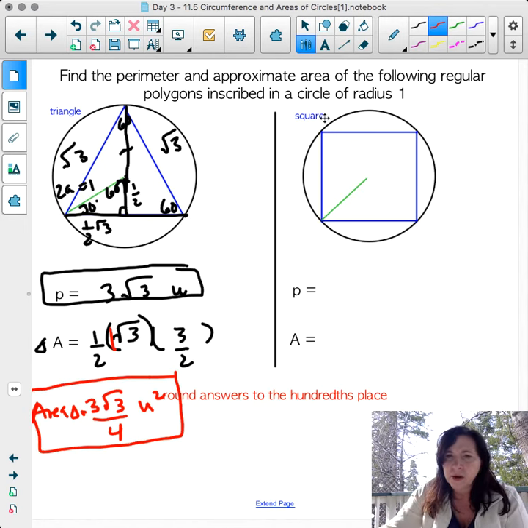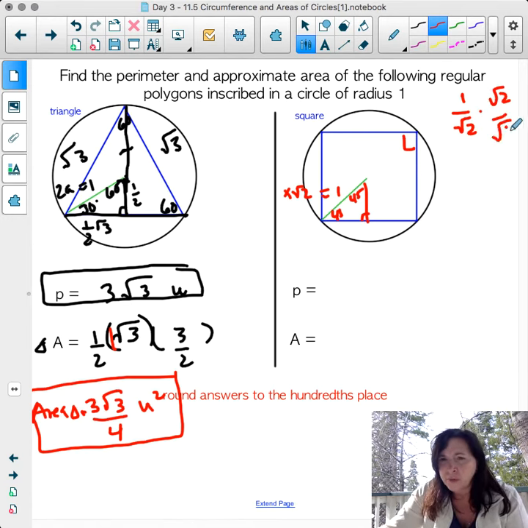For the square that has a radius of 1, again, for this problem here, we know that these being 90 degrees, this is going to be 45, 45, 90. So x √2. If I set this equal to x √2, basically I'm going to take 1 and divide by √2. I'm going to multiply by √2 over √2. So I'm going to get √2 over 2.